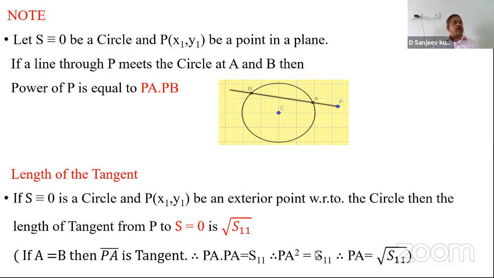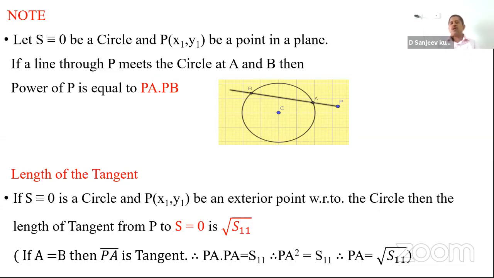So, a very important point: what is the length of the tangent from an external point to the circle? It is going to be square root of S11. Now, if you have the point exactly on the circle, what is going to happen? The distance between P and A is going to be 0. So the value of S11 is going to be 0.